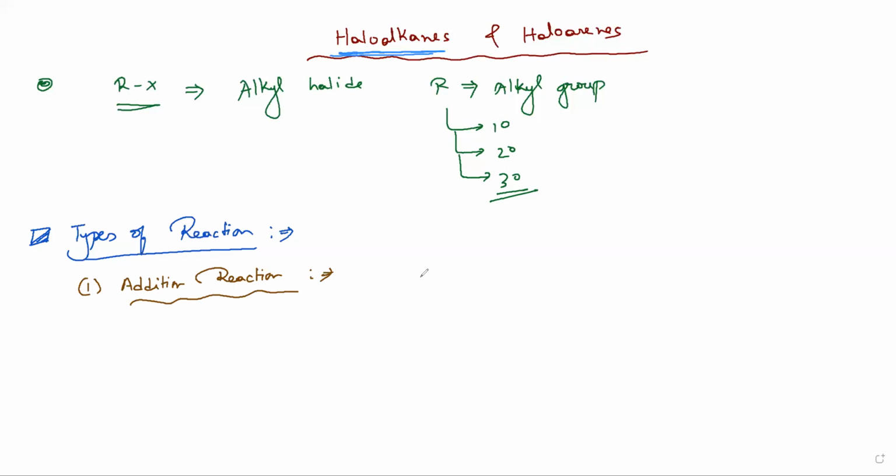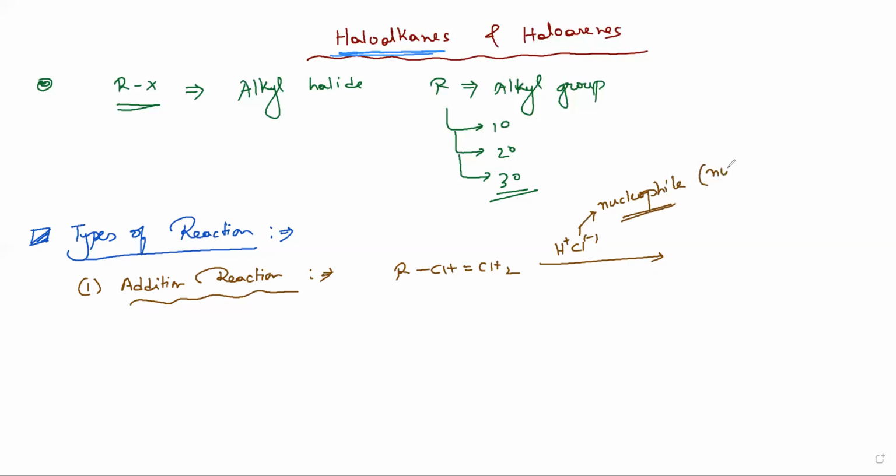For addition reactions, suppose RCH double bond CH2, any alkene, is present. Here I can write HCl this way, H plus and Cl minus. Now, if a negative charge is present, what is its role? It attracts towards the positive charge, so it is called a nucleophile.